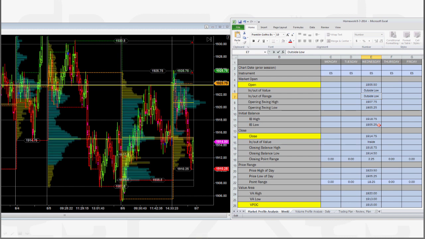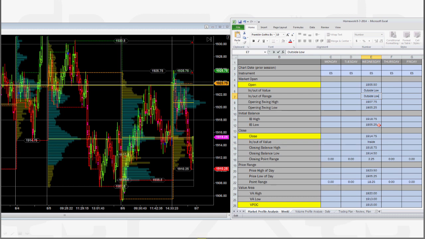Then there is potential all the time, but there's a higher probability now that if sellers do engage, they could bring price all the way back down to the open, if not back down through the open.